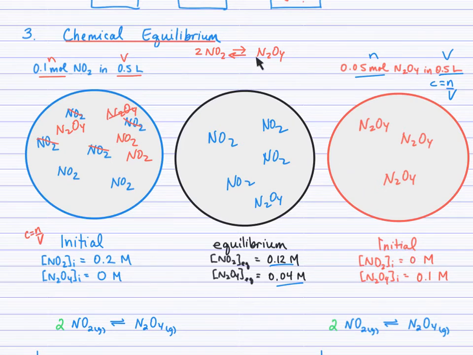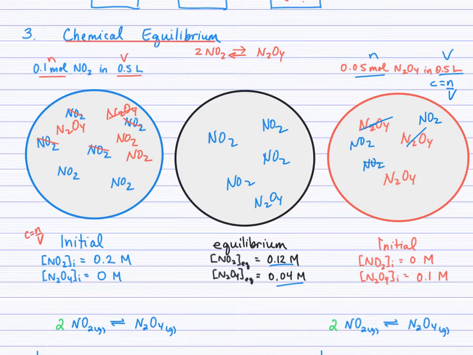So, what's going to happen when you look at this reaction? If you only have N2O4, the reverse reaction is going to occur to start. And so an N2O4 is going to decompose into 2 NO2 particles. And that will continue, right, until those NO2 particles start to increase in concentration, and then the forward reaction will start to occur.